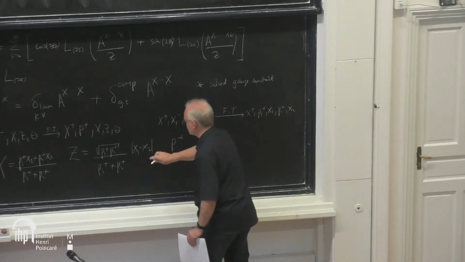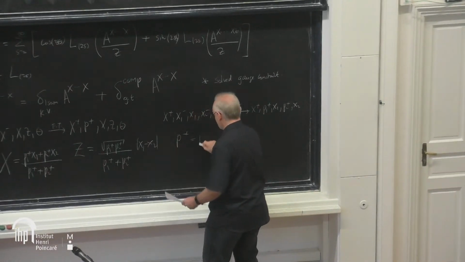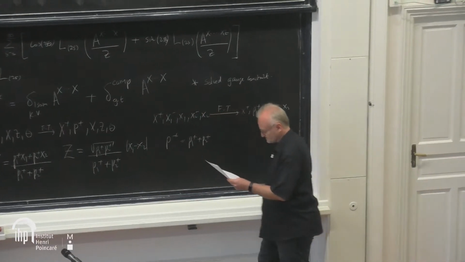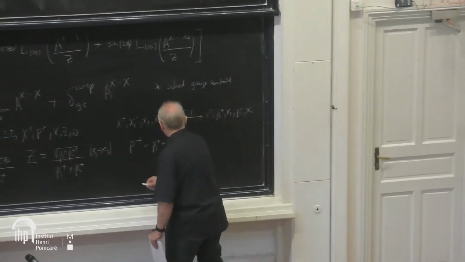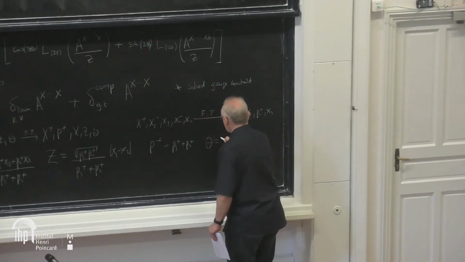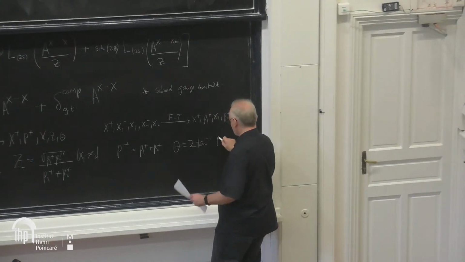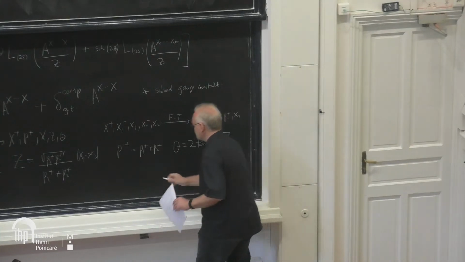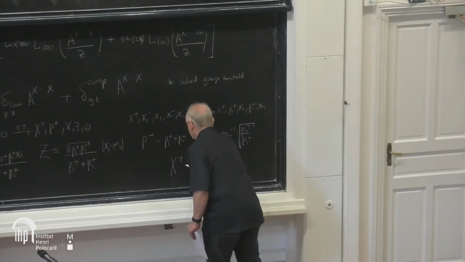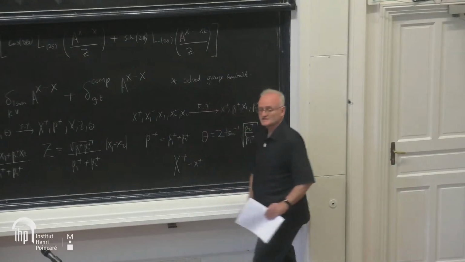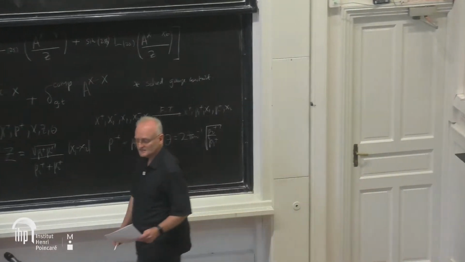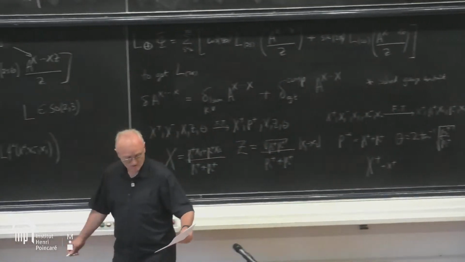P plus is p1 plus plus p2 plus. Theta is 2 inverse tan of the square root of p2 plus over p1 plus, and x plus is related to x plus. So that change of coordinates takes you from the one to the other.